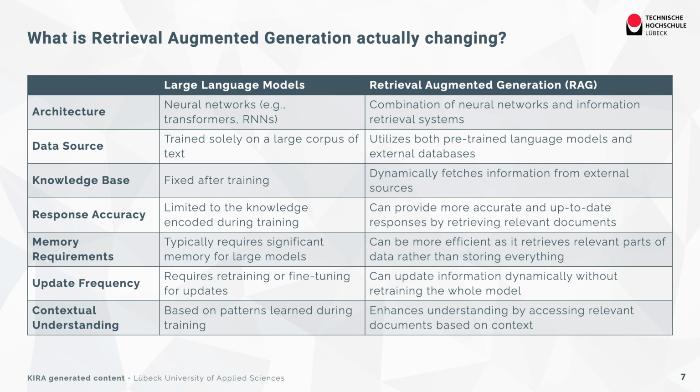However, what truly distinguishes retrieval-augmented generation is its ability to enhance contextual understanding by accessing relevant documents based on context. This unique feature allows retrieval-augmented generation to provide more informative and relevant responses. In conclusion, retrieval-augmented generation is a game-changer in natural language processing, offering more accurate, up-to-date, and contextually relevant responses.